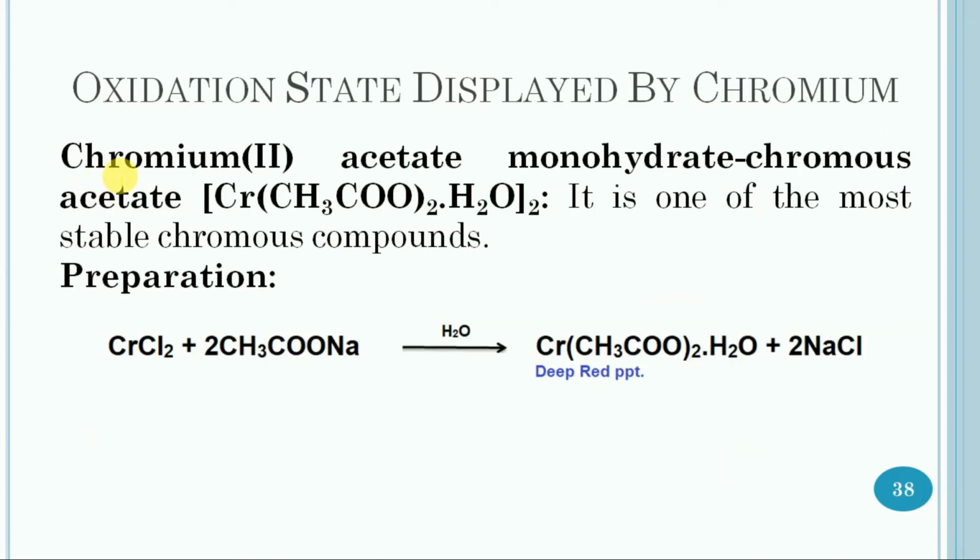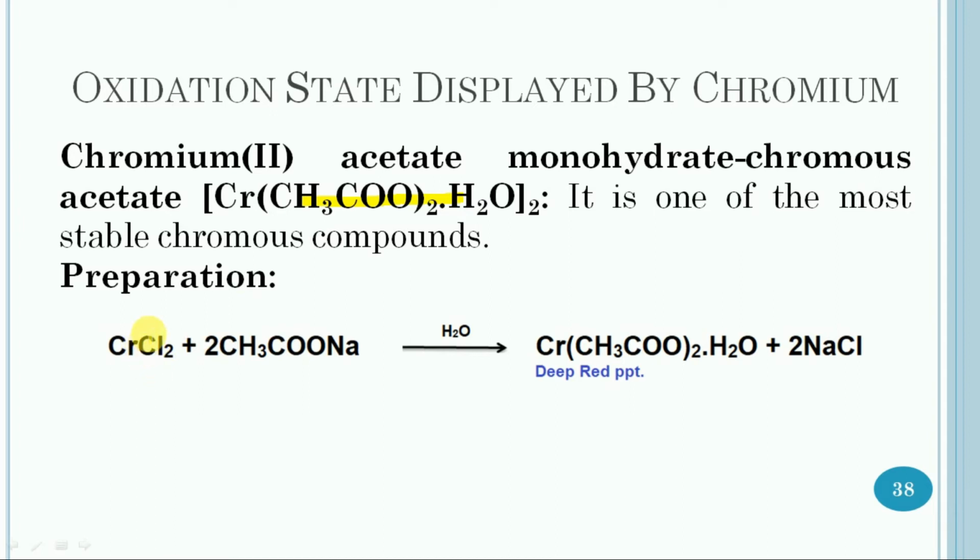Next is chromium 2 acetate monohydrate, chromous acetate complex with this formula. It is one of the most stable chromous compounds.